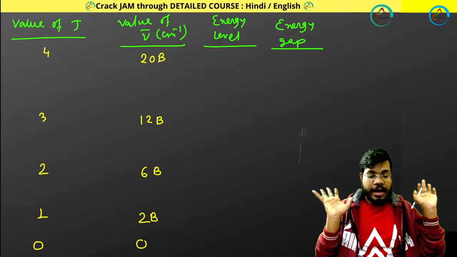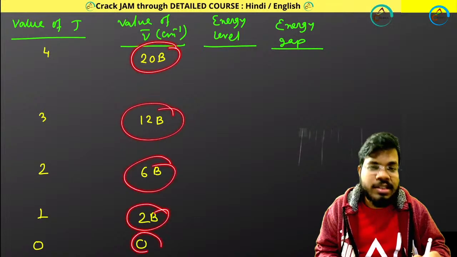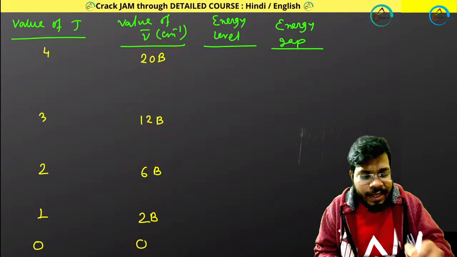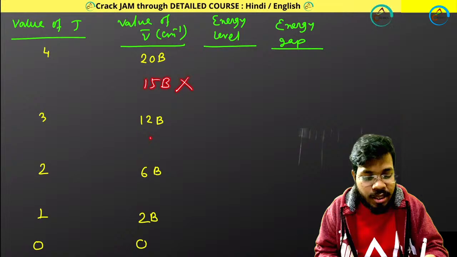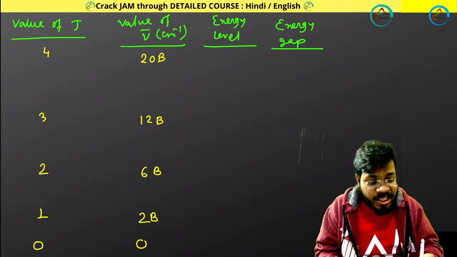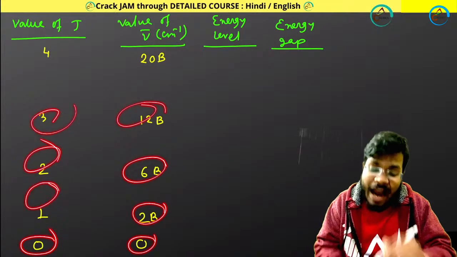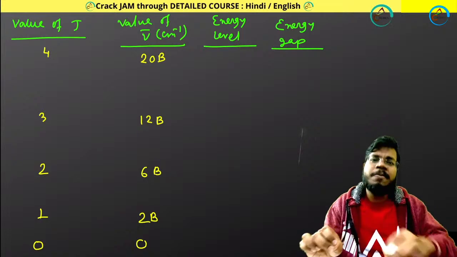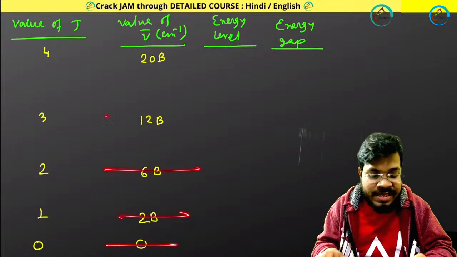Got it? So this is your value of energy. These are your energy values, and these energy values are quantized values. Why? You cannot get the value 15b. No. You cannot get the value 10b. No. You will be getting only the specific value based upon this j value, right? Because you are getting only specific energy values, it is called a quantized energy state.